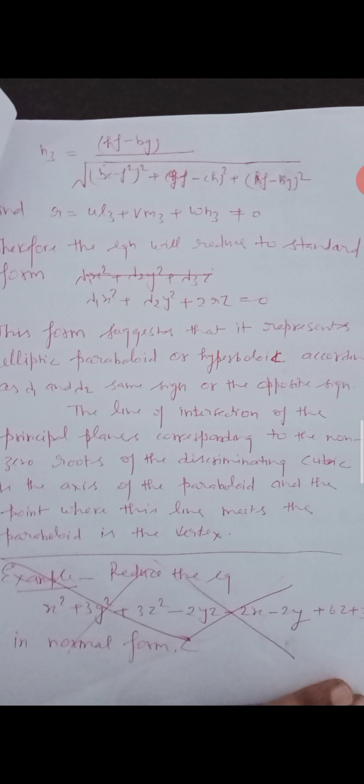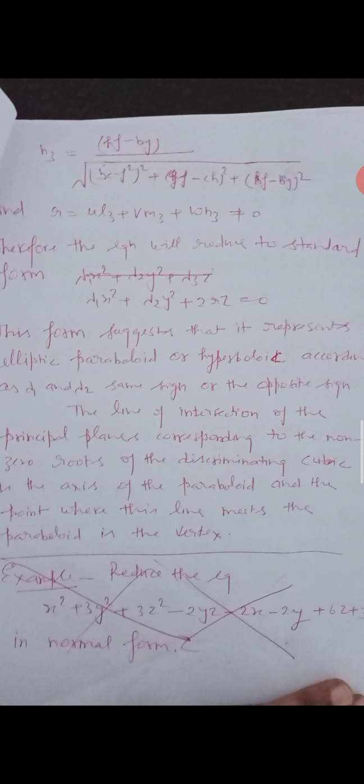Therefore, the equation will reduce to standard form lambda 1 x square plus lambda 2 y square plus 2rz is equal to 0. This form suggests that it represents an elliptic or hyperbolic paraboloid according as lambda 1 and lambda 2 have the same sign or the opposite sign.